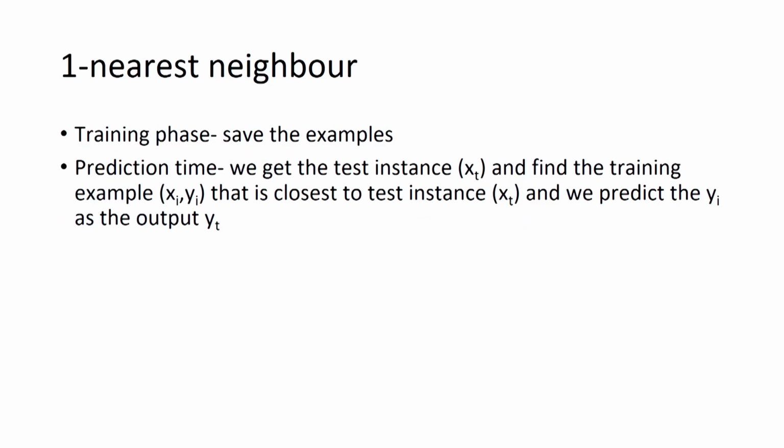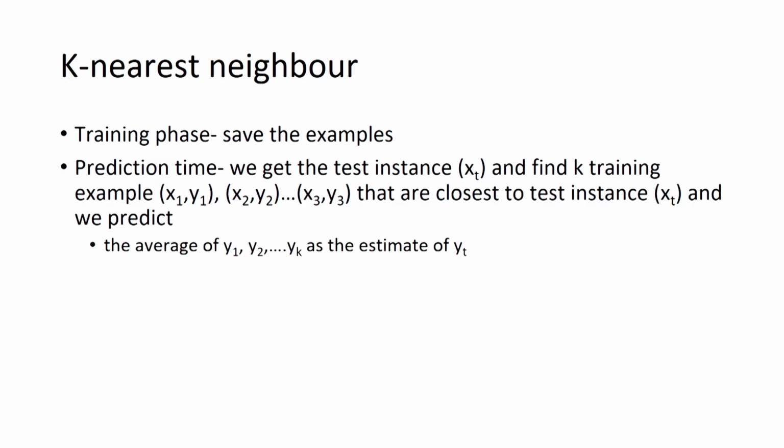So, this is called one nearest neighbor. We have already seen that during the training phase we will only save examples. During the prediction phase or testing phase we will get the test instance or the new instance, and we will find the training example that is closest to the test instance, and we will predict the value of this test instance as the response variable value of the training example that is closest to this test example.